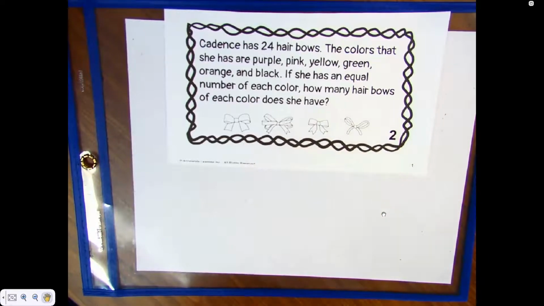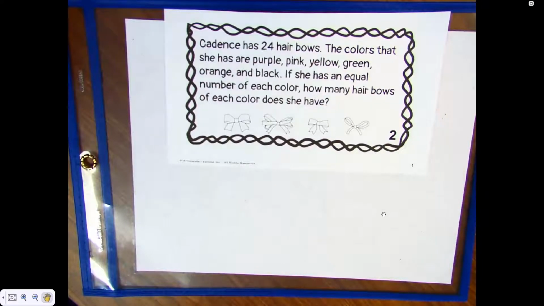The colors that she has are purple, pink, yellow, green, orange, and black. She has an equal number of each color. How many hair bows of each color does she have?